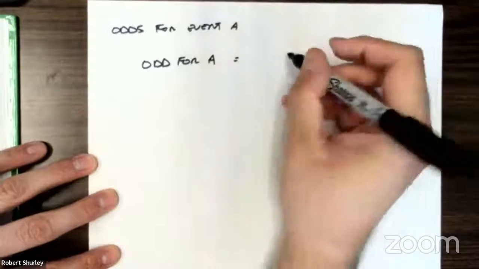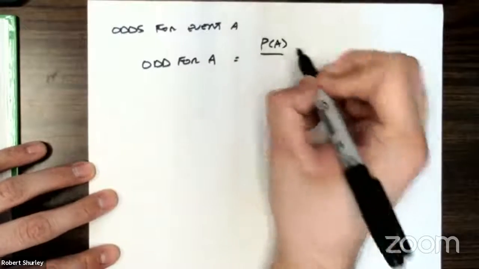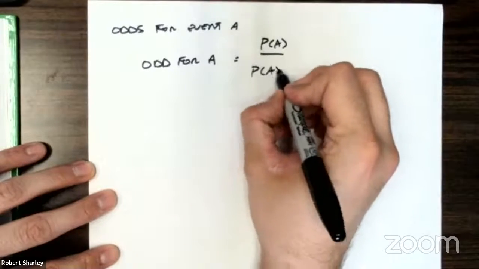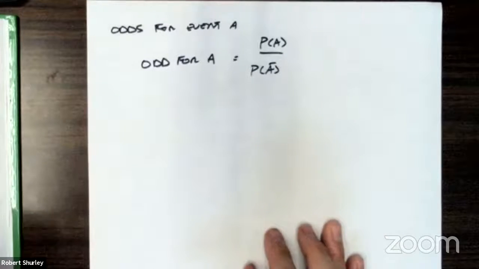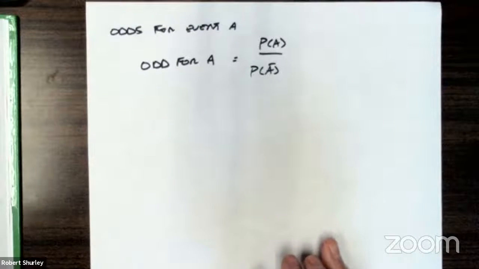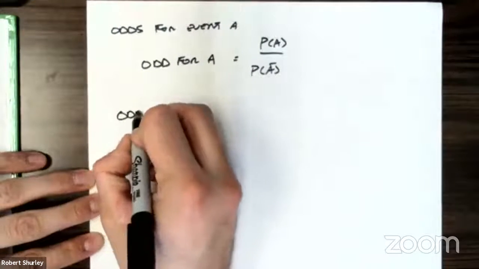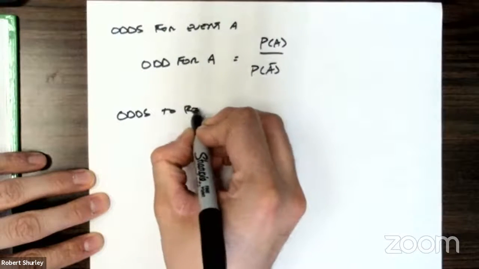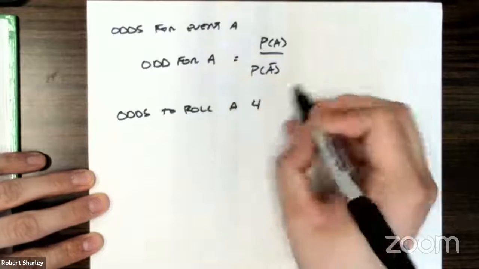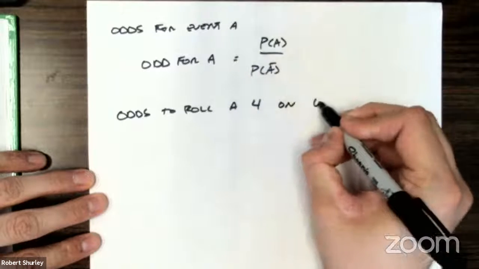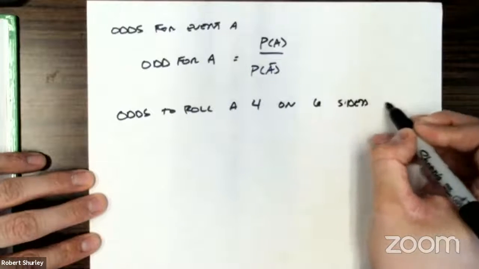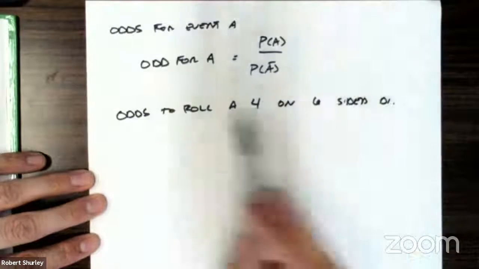So odds for A. The way you would write this is the probability of A over the probability of not A. The probability of A over the probability of not A. So if we wanted the odds to roll a 4 on a 6-sided die, it's not 1 out of 6.